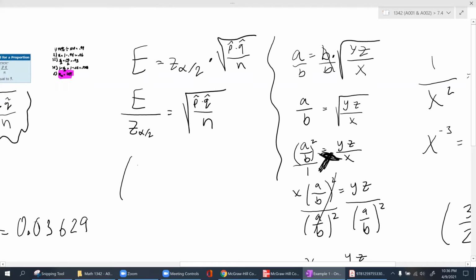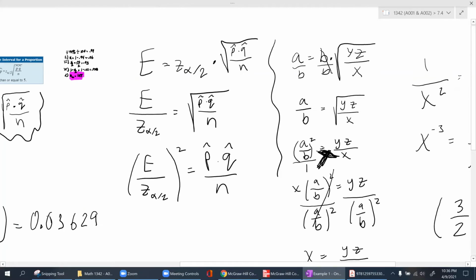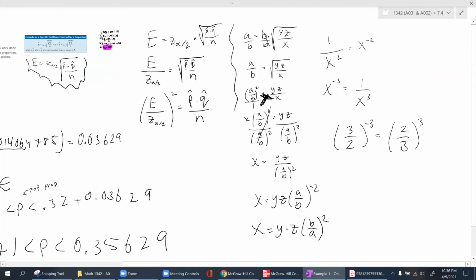So this gives me e over z subscript, squared, equals p hat times q hat over n. Again, we're going to go ahead and cross multiply.